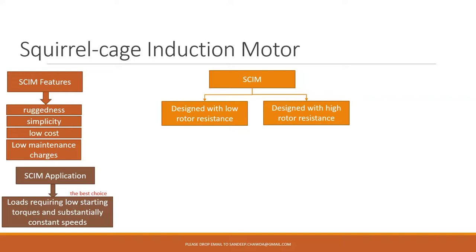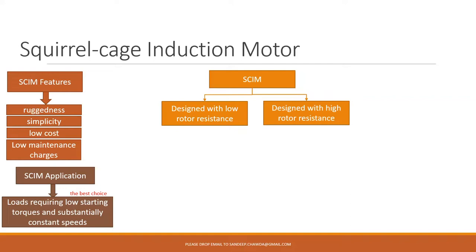So depending upon that, its starting torque, when you compare with slip ring induction motor, would be less. So its application would be in those places where there is a requirement of low starting torque.